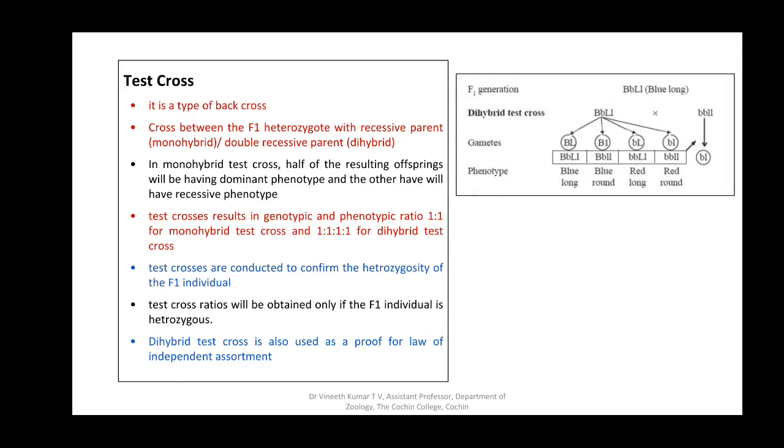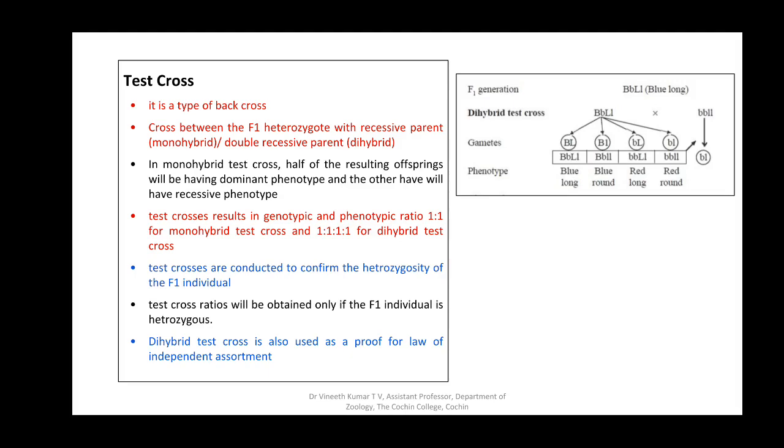And next we are moving on to the other one, which is test cross. So test cross is a type of back cross. What is test cross? When your F1 heterozygote is crossed with the recessive parent, such a cross is referred to as a test cross.